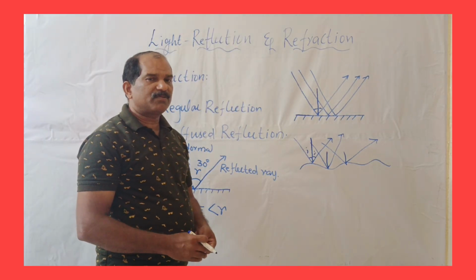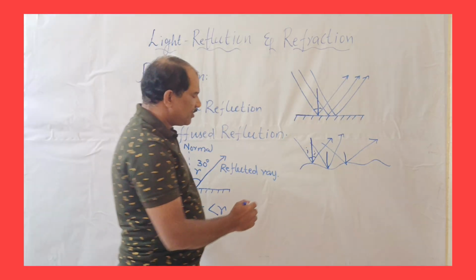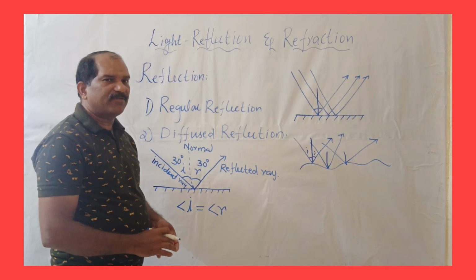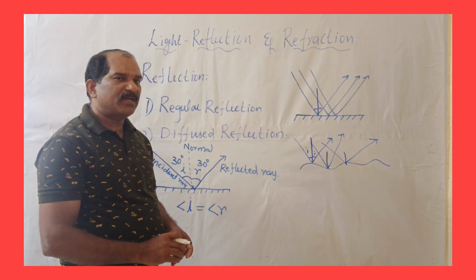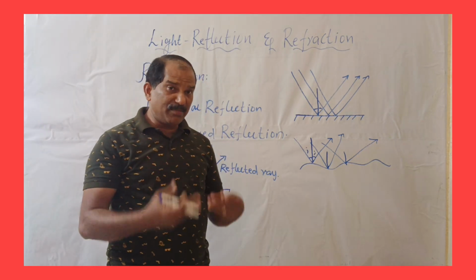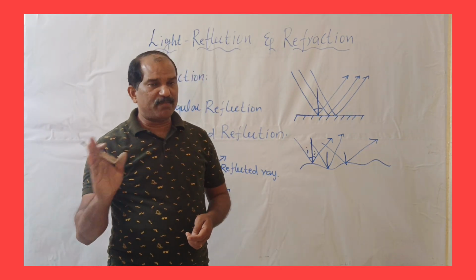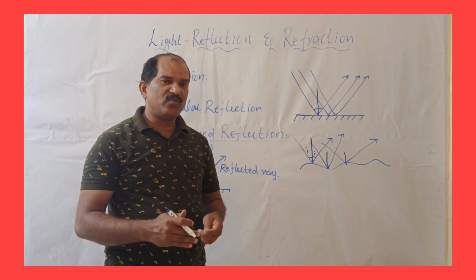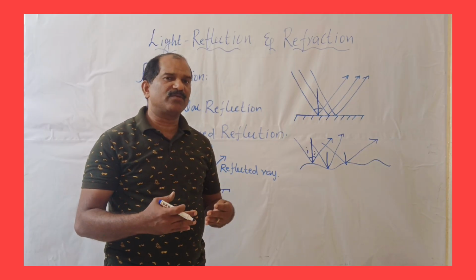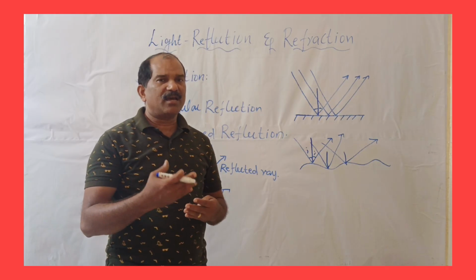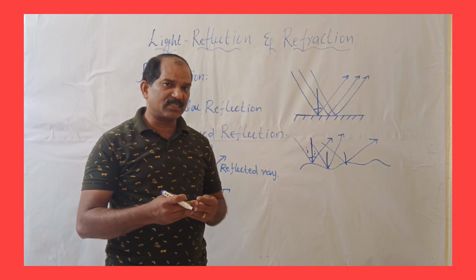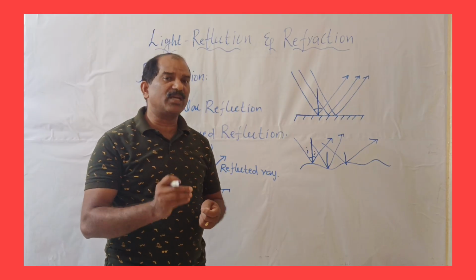Next, another concept you need to study is magnification. Do you know what magnification is? Magnification means how much bigger an image you get compared to the object size. In a plane mirror you get the same size as the object. So we can say that object size and image size are equal.